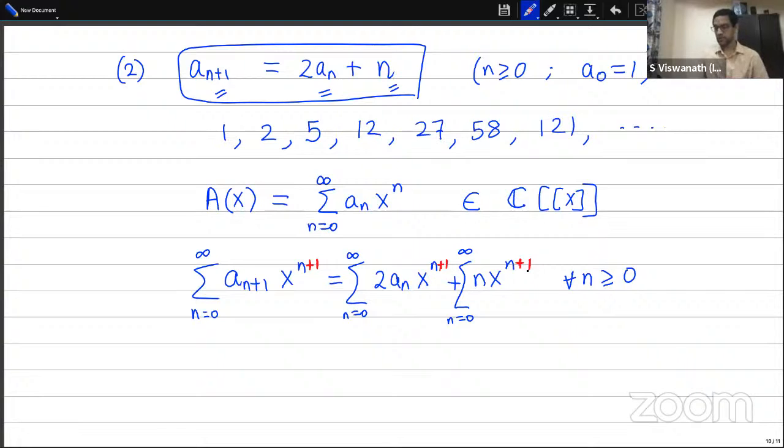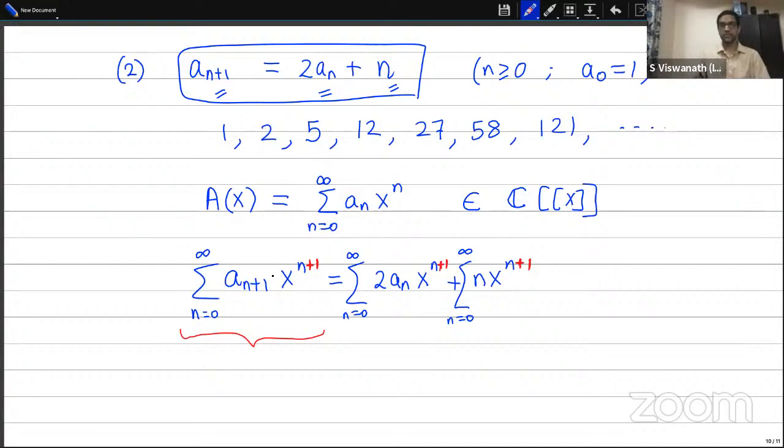This is again true, because the original thing was true for all n greater than or equal to 0. I'm just slightly modifying my power series. So I want to consider this power series, which begins with a power of x in it.